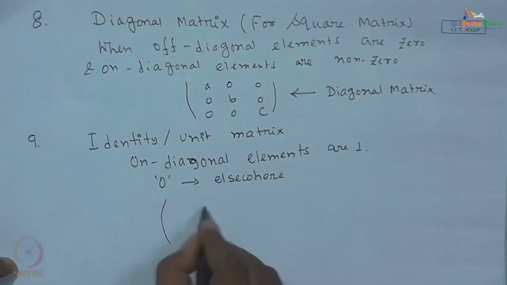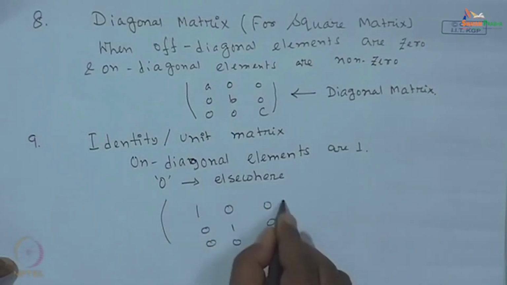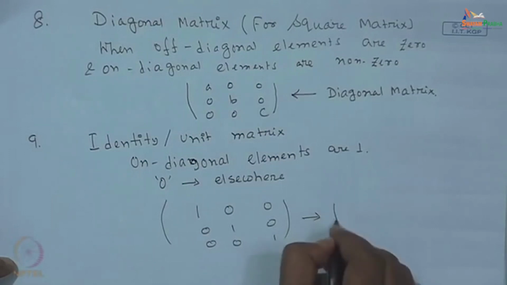So, this will be 1 0 0, 0 1 0, 0 0 1. So, this is an identity matrix.